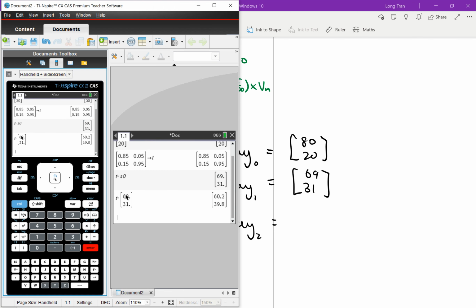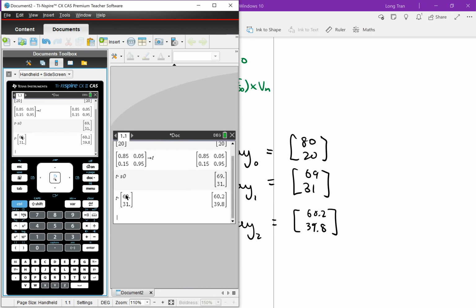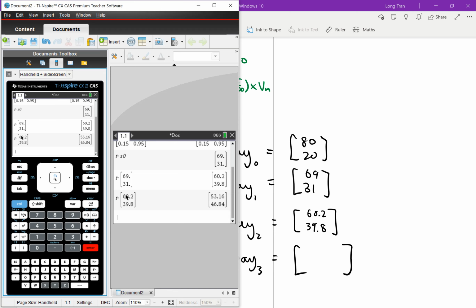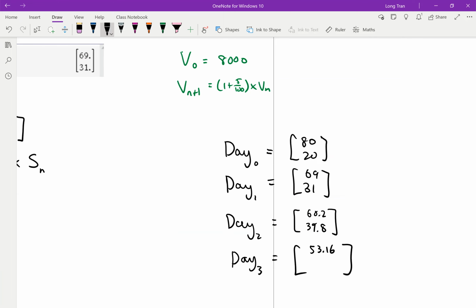This now tells me 60.2 of them will be operational, and 39.8 of them will be broken. And then I can continue that pattern. I can do T times and go up and highlight. This is now day 3. Day 3 is now, you can see here, 53.16 and 46.84.